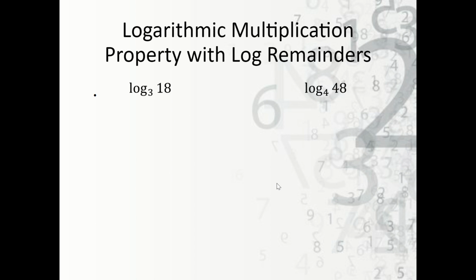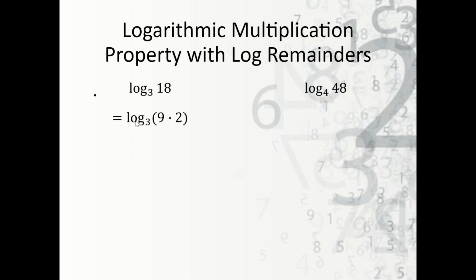Now, what if we end up with remainders? So we have log base 3 of 18. Well, when we do this, we recognize that 3 doesn't necessarily go directly into 18, right? We can't multiply because 3 times 3 is 9, times 3 is 27. So we can't actually get all the way to 18, but we can get something out of this. So we're going to rewrite this as log base 3 of 9 times 2.